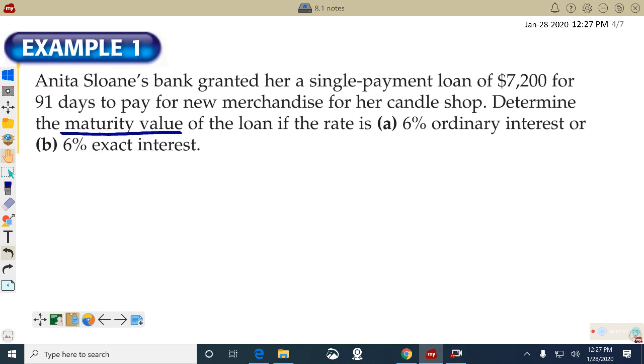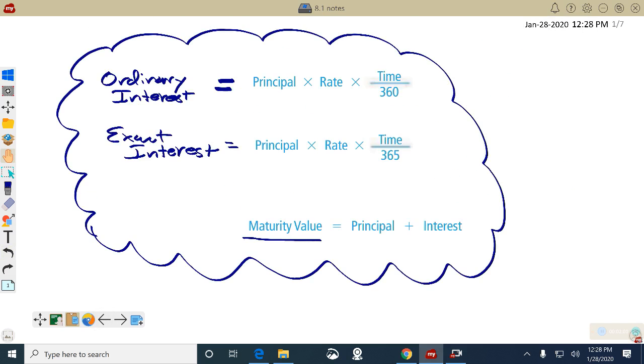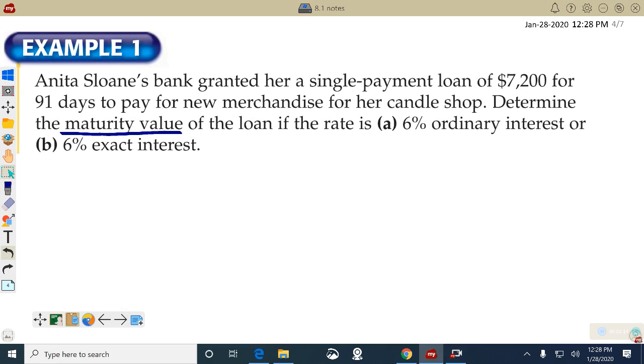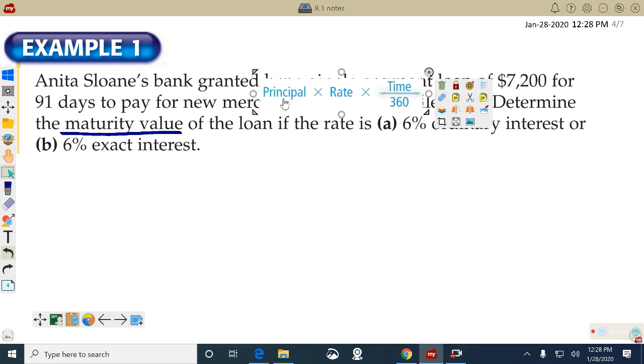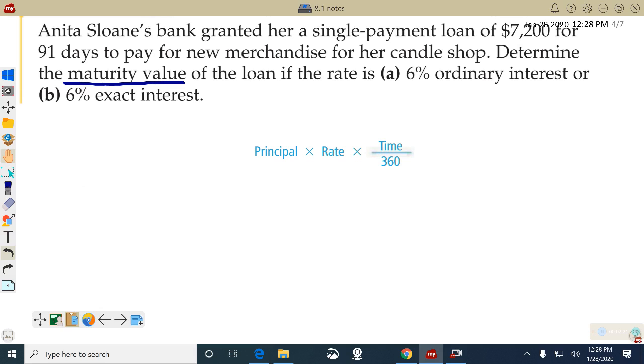We wrote down 3 formulas. There was one formula for ordinary interest, right? So let me copy and paste this. Right, ordinary interest. Okay, let's rewrite this formula.